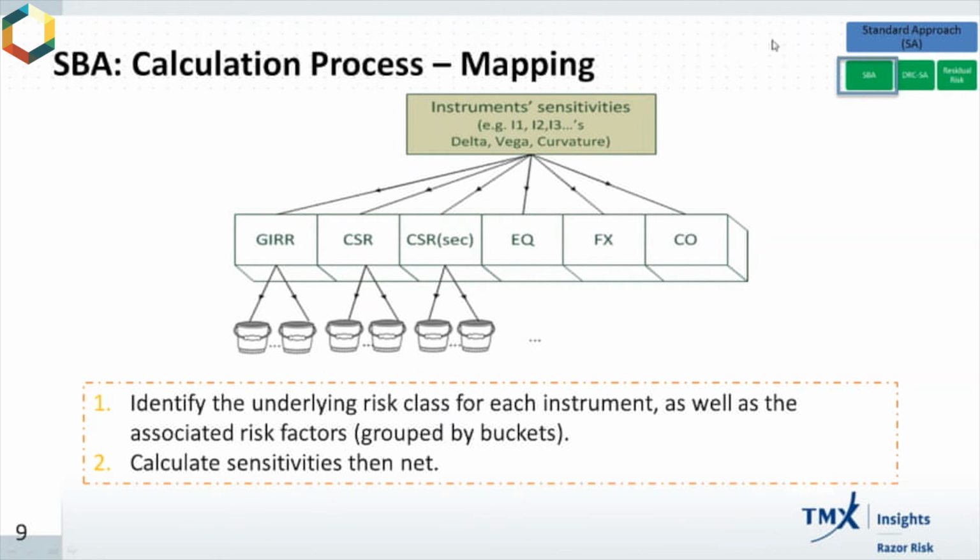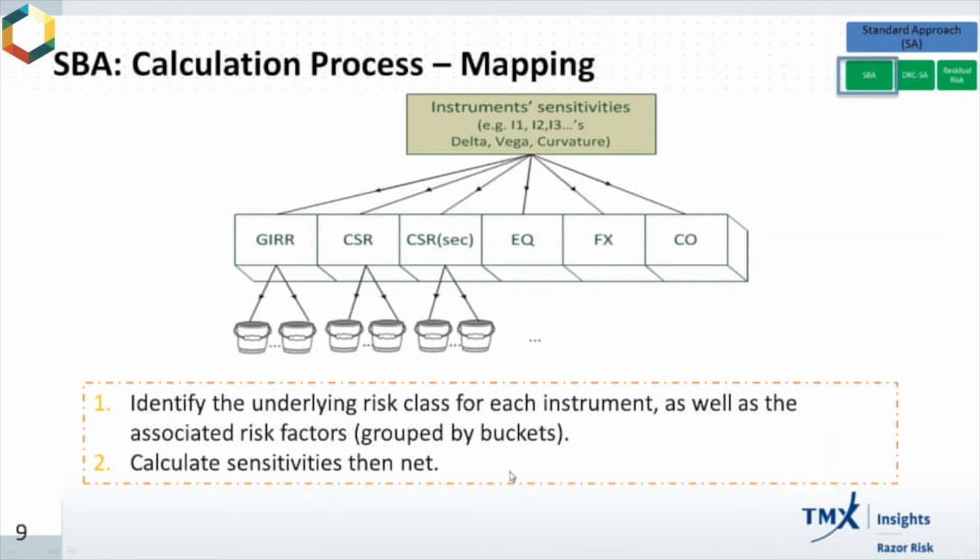Top down maps a position's sensitivity into risk factors, and bottom up aggregates the risk charge. This slide shows the top-down process for mapping. Step 1 is to identify the underlying risk factor and risk class for each instrument, as well as the associated risk factors grouped by buckets. Under each risk class, buckets are predefined and they may have subgroups under them. Step 2 is to calculate the sensitivity and net it at the risk factor level.